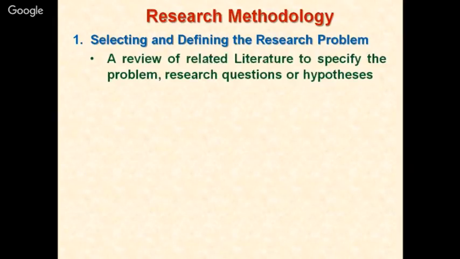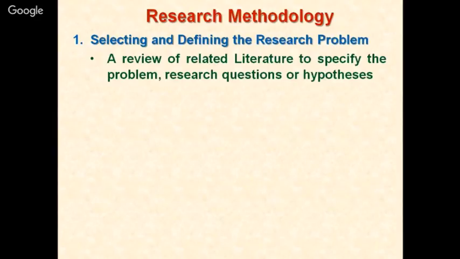And not only does a problem have to be identified, but before the research can begin to take shape, the problem has to be analyzed. That is, it has to be broken into its constituent parts and its dimensions. You have to specify. So the first step is selecting and defining the research problem.